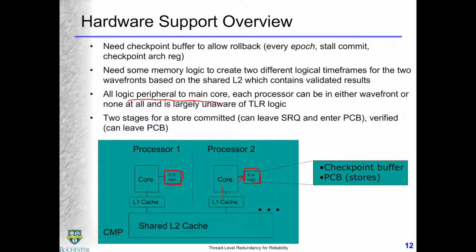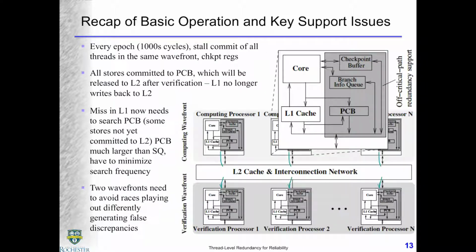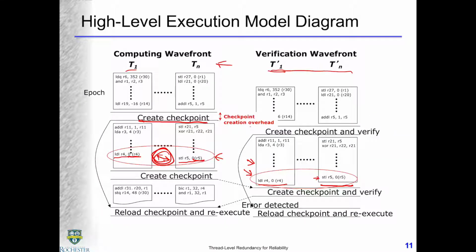And for stores, we handle them slightly differently than you would otherwise assume. You can think of it in the sense that a store is a dangerous thing, okay? Because we haven't verified this piece of code. Let's go back.